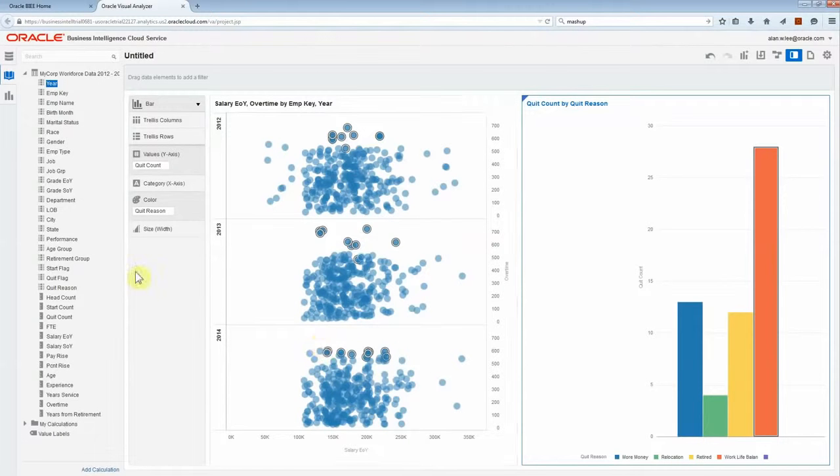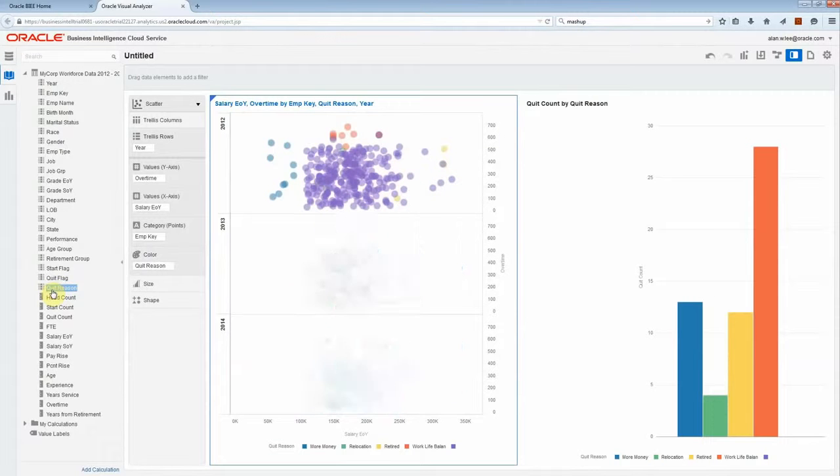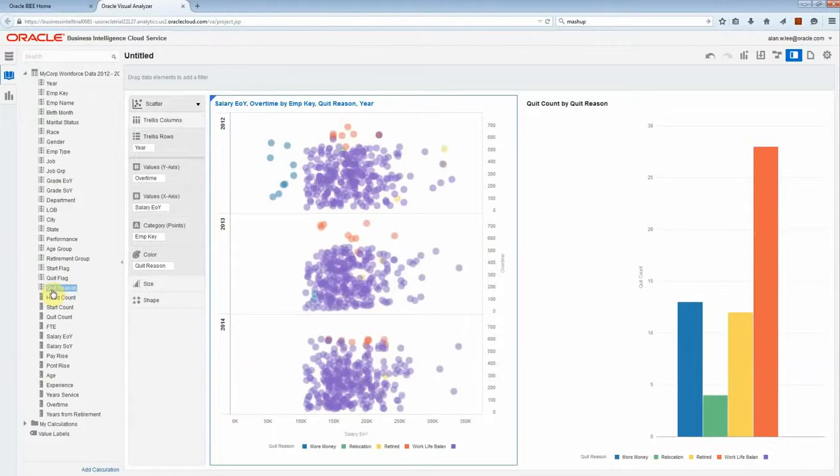So let me actually color code this segment here with the reason why people have quit, and I can see more clearly now who the people that left for low pay versus the people that quit for work-life balance are. What I might do is try see if I get a better view by swapping these two around.